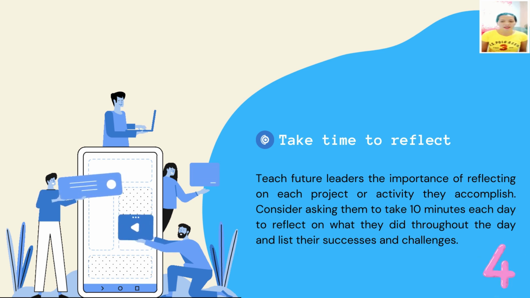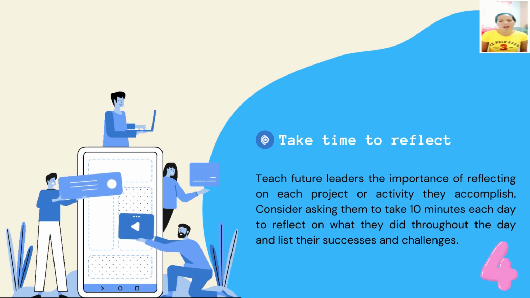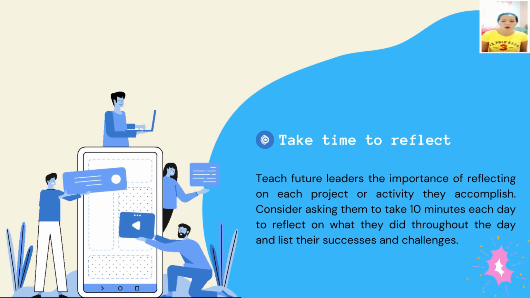Have them write some solutions to those challenges if they occur again in the future. At the end of each week, you can take time to meet with all of them and discuss some solutions they wrote and discuss other effective solutions as well.